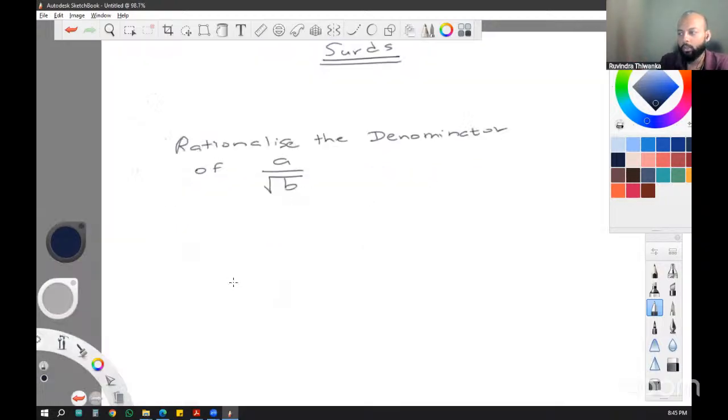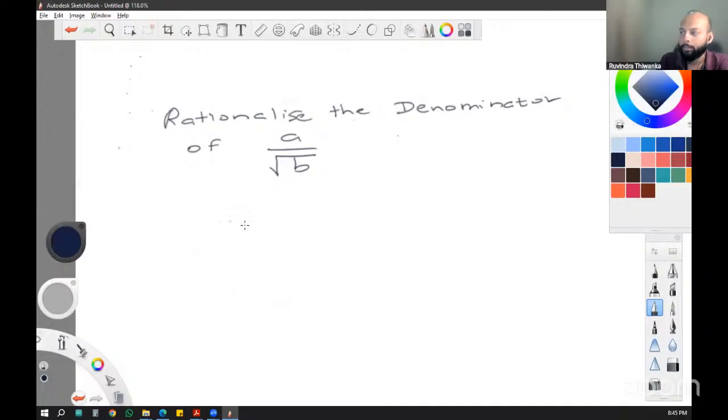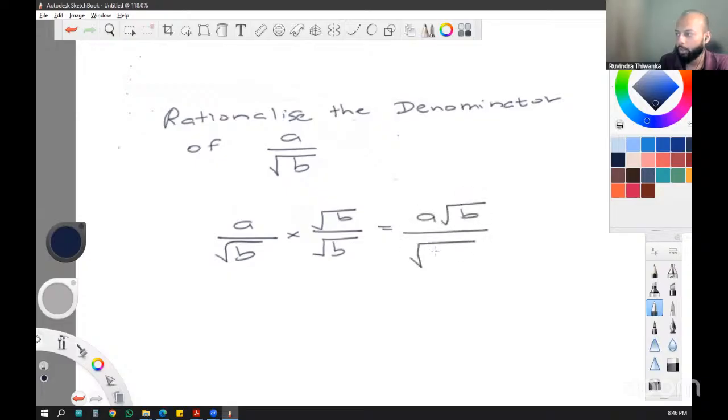Okay. So then we can write this like this: a over square root b is equal to a square root b over b squared. Right?